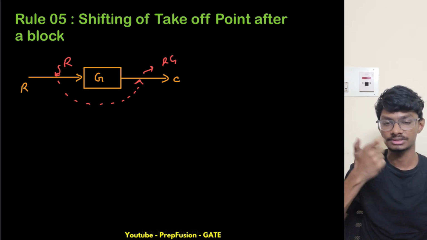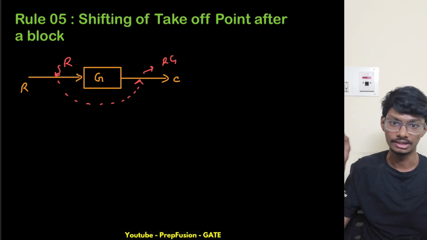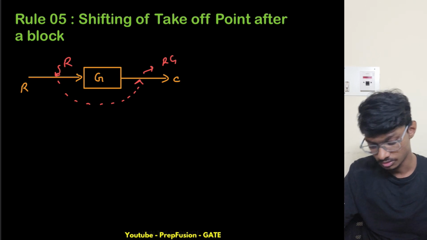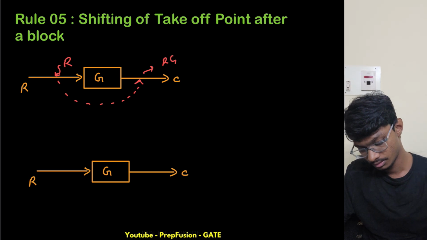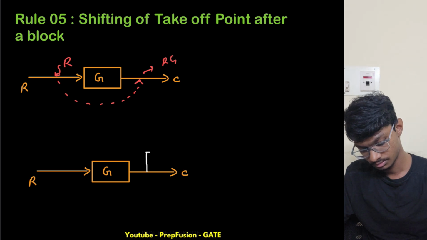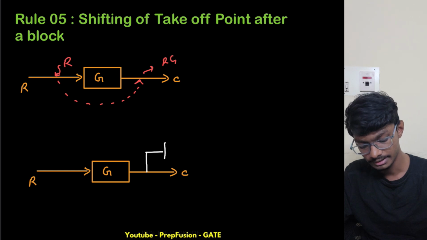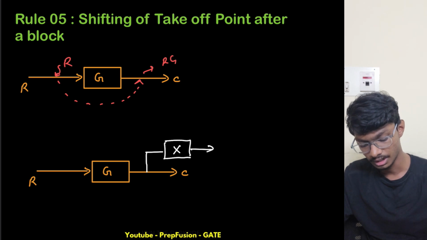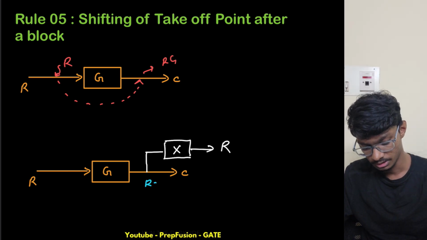So I will put some gain that cancels the G term, it multiplies with R and cancels the G term. Let's say this is some gain of X, but the output I want is R, because this output was R only. What is the value of this point? It is R into G.